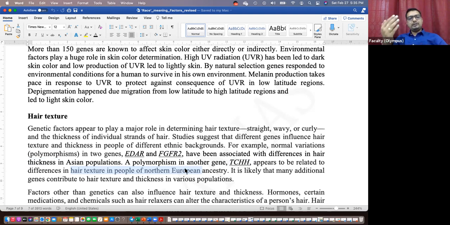Some underwent changes, like the respiratory adaptations that we have seen in high altitude regions, where three populations adapted differently. They attain different outcomes by making changes to different genes. In Asian populations it is EDAR and FGFR2, and in European populations it is the TCHH gene.